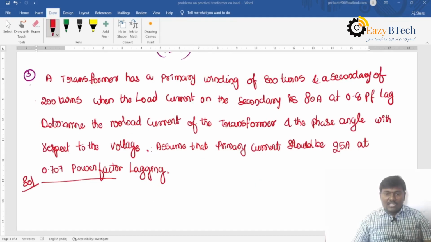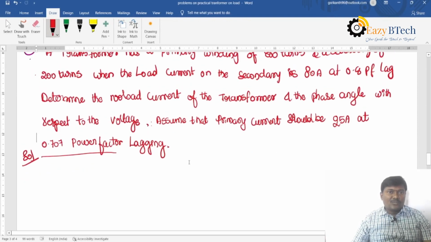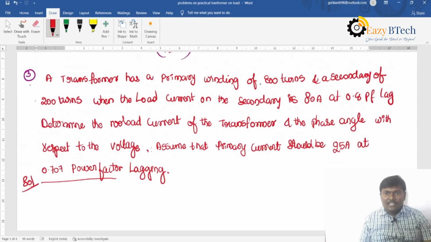So coming to the next important problem. A transformer has a primary winding of 800 turns, that means N1 is equal to 800, and secondary winding of 200 turns, that is N2 is equal to 200.